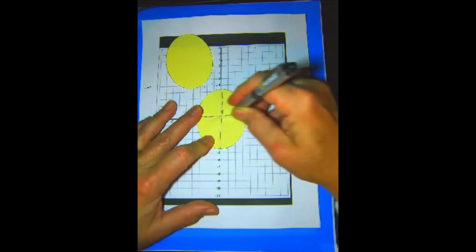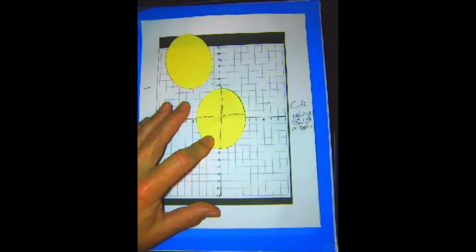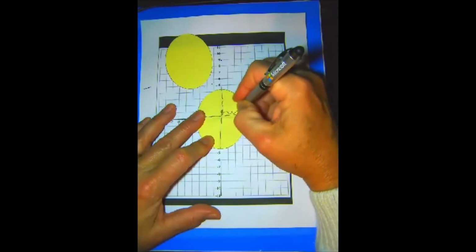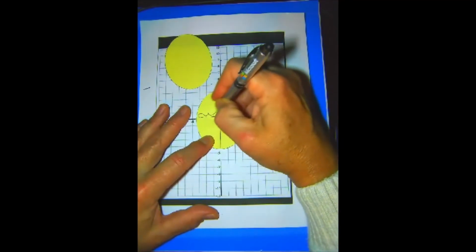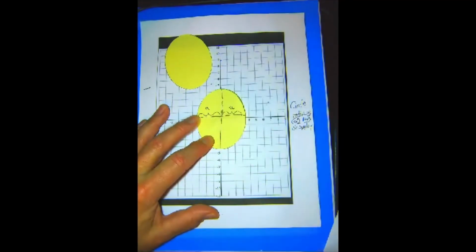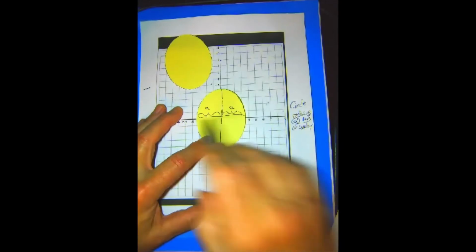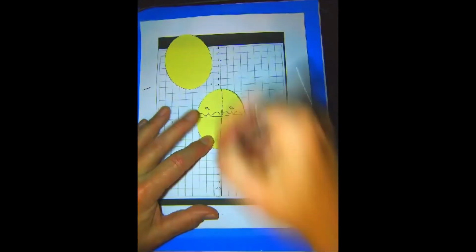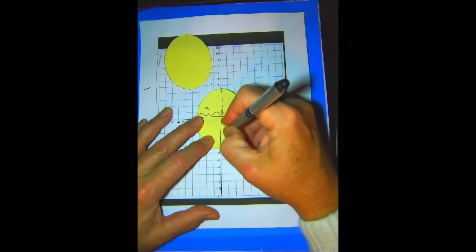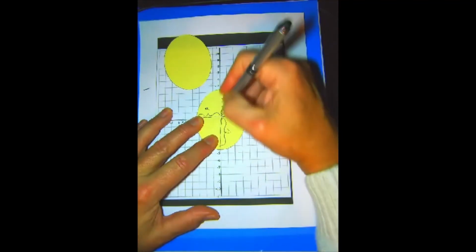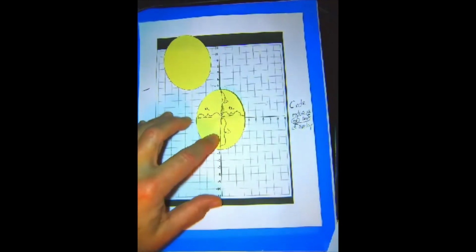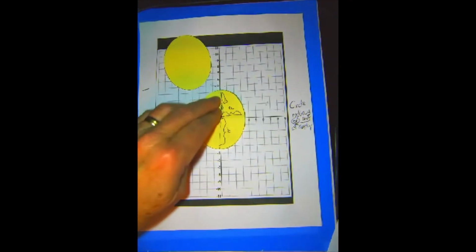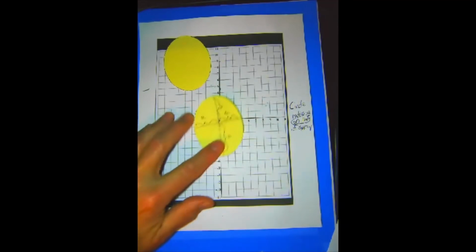And because it's a line of symmetry, we know then that this distance, we'll call that A for now, and this distance will be the same. And the reason we know that is it folds over just perfectly. We also know then that the distance from here to here, we'll call that B, and the distance from here to here, we'll call that B, is also the same. So B is equal to B, A is equal to A, and we have two lines of symmetry.